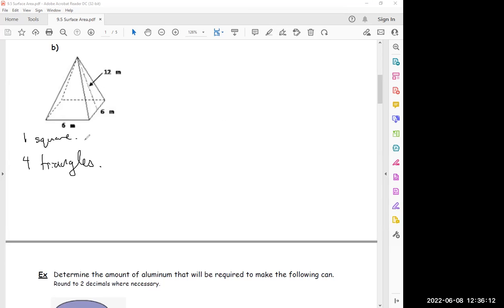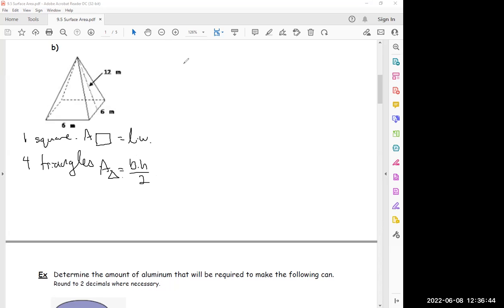That means I need to find the area of a square, and I need to find the area of a triangle. What is the formula for area of a square? Or any rectangle, really? Length times width, or base times base, right? What's the formula for a triangle? Keep going, Warren. Top of your head? You know it? Base times height divided by 2.